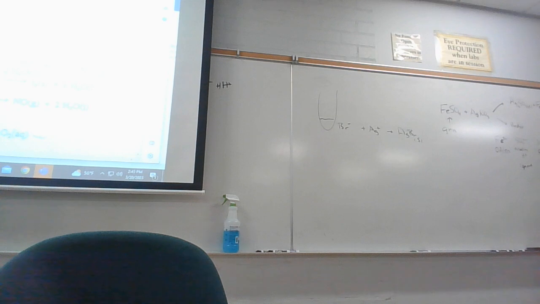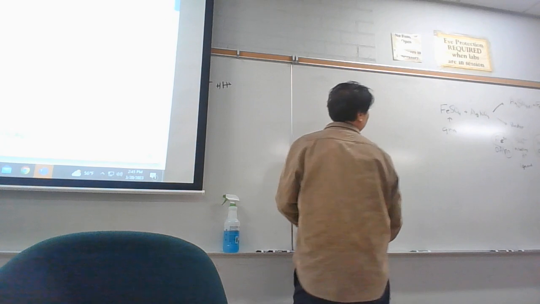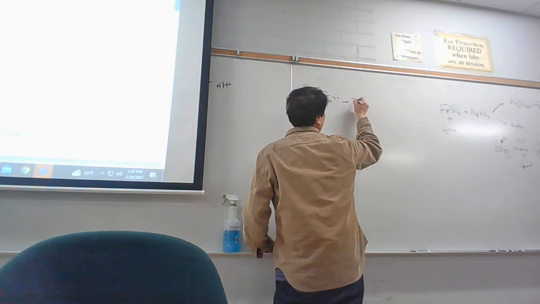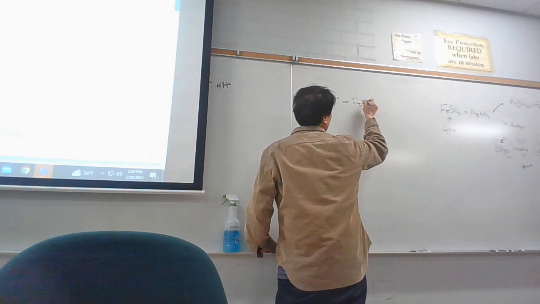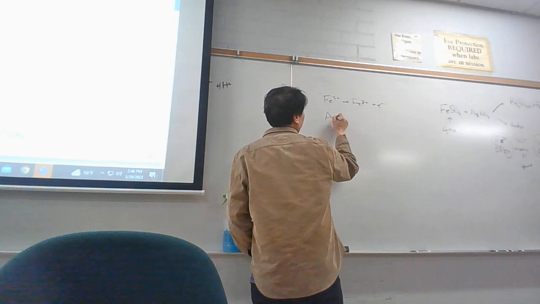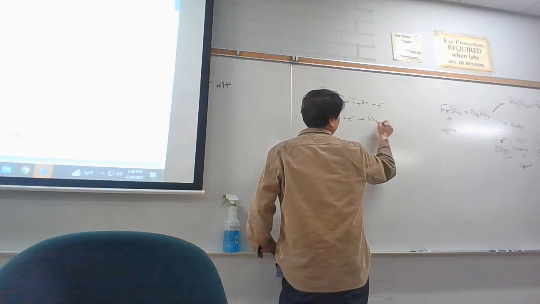And so the strongest oxidizer is silver ions. Silver ions are good oxidizers. And interestingly enough, the strongest reducer is iron 2. And so the reaction that we're going to have here is iron 2 is going to get oxidized. That is, it's going to lose electrons. It's just going to lose one electron to go to iron 3 plus an electron. And then silver ions will gain an electron to make silver metal.